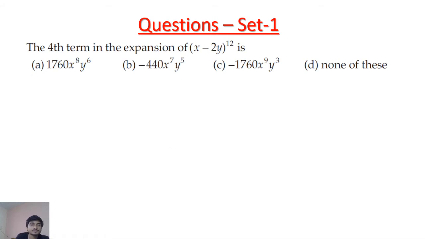Come on guys, solve this question. The fourth term in the expansion.